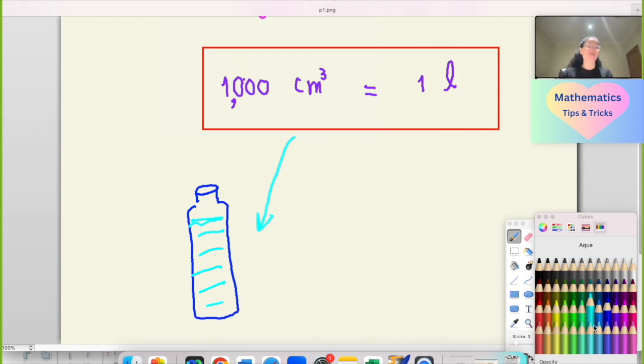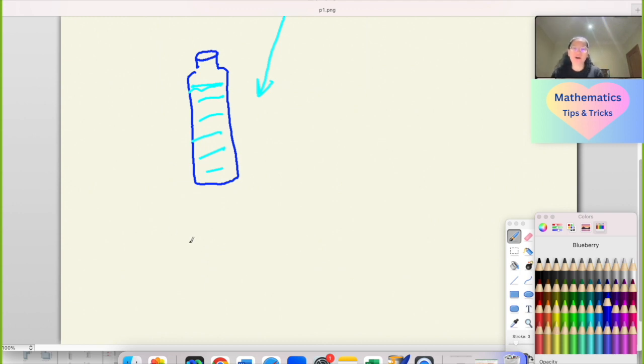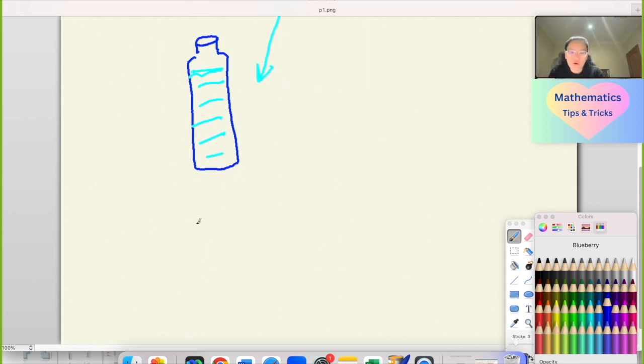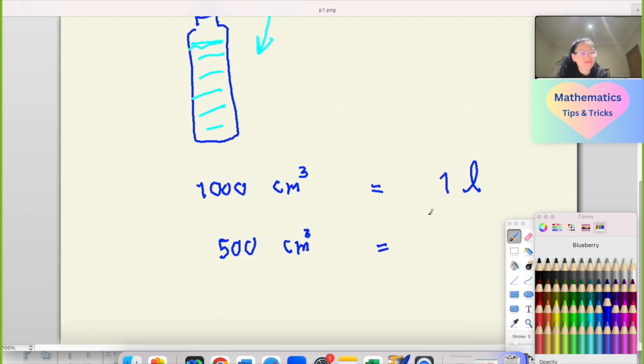Let me show you how. Grace, are you with me? Let's go next. For example, if they tell you that you have water of 1,000 cubic centimeters, you find out straight away it's equal to 1 liter. But if you have water of 500 cubic centimeters, guess what it is? 500 cubic centimeters equals how many liters?